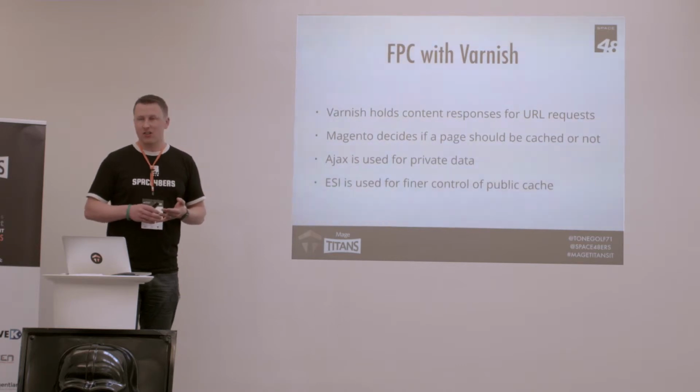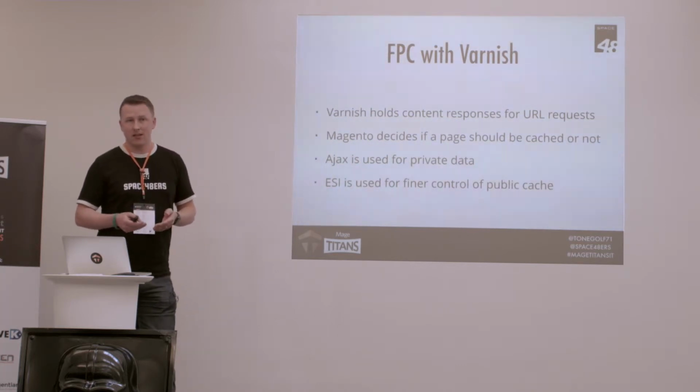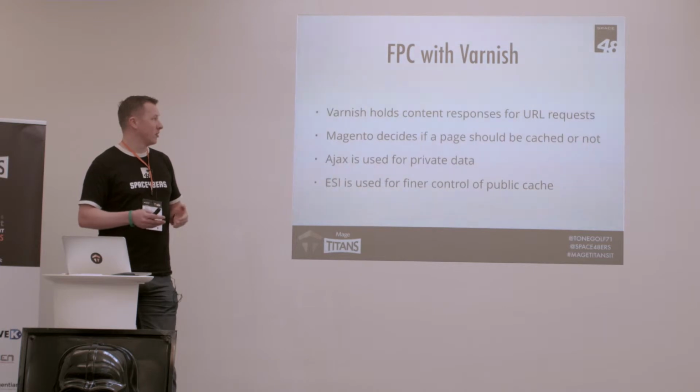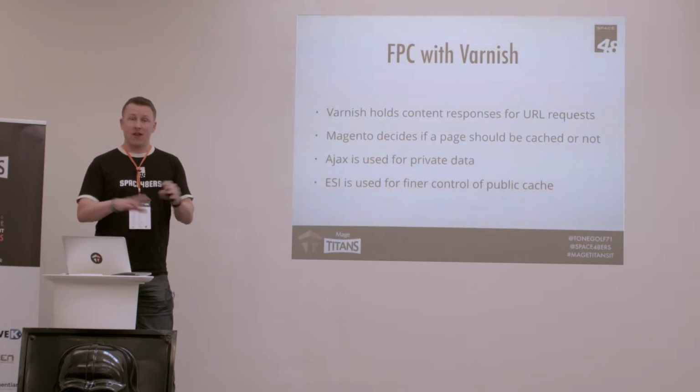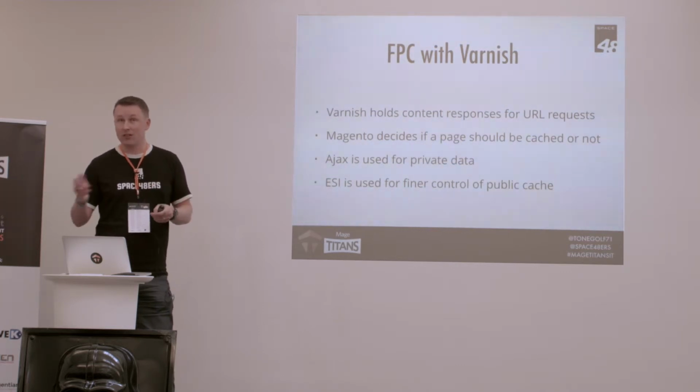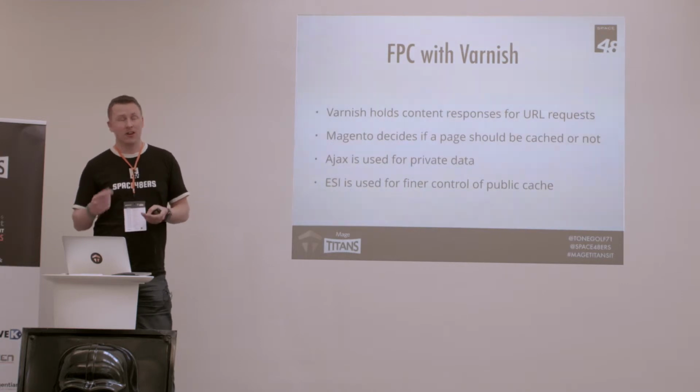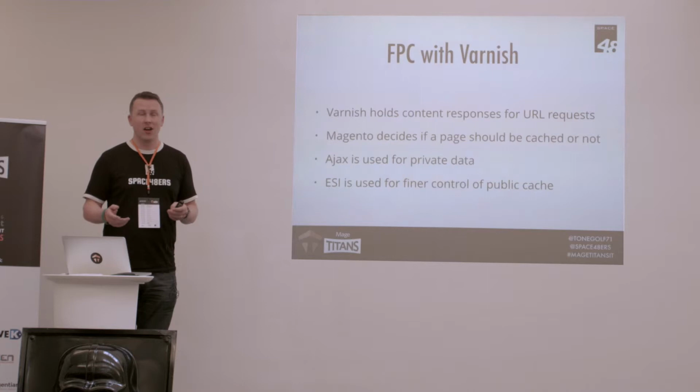One of the main challenges with using Varnish is how it handles private data, unique data to a visitor. It's very good at having pages that are common to everybody, but when it needs to be unique, such as when you're adding something to the basket, there needs to be a way for it to handle that rather than just not caching everything.